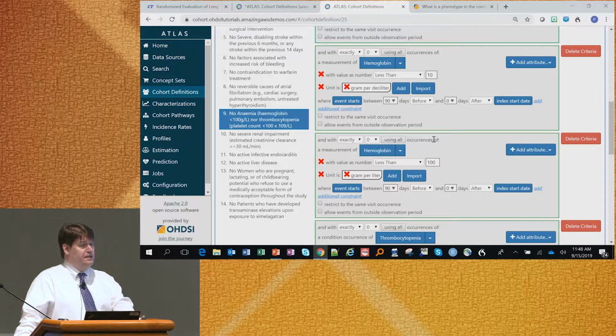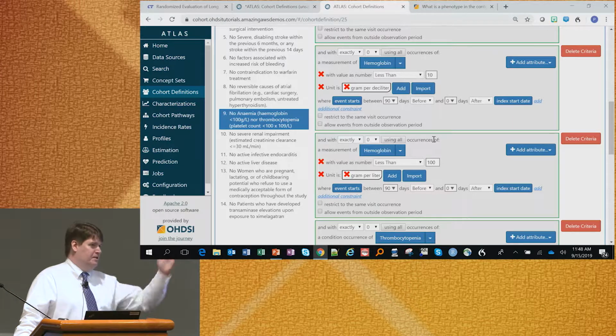Now, there are features in Atlas that let you look at characterization of your measurement data, and you could pull up a concept and it would tell you these are the different units that have been captured for that concept of measurement. And for that specific data source, you could craft your cohort definition to work pretty well on your own data, right? But to your point, you go to some other location, even across a network in a different region, and they have different ways of recording these units, you are running into a challenge.